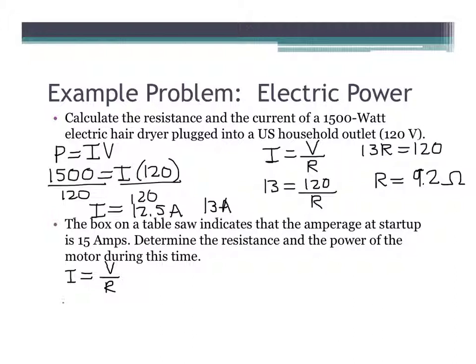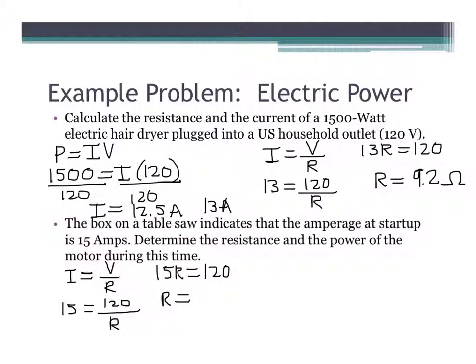So we know the current is 15 amps. The voltage is 120 because we're using a wall outlet. So we're going to solve for R. 15R equals 120. And so R, the resistance, is 8 ohms.